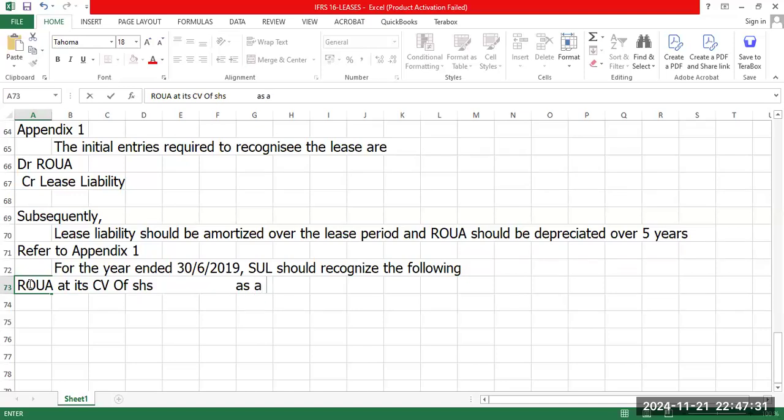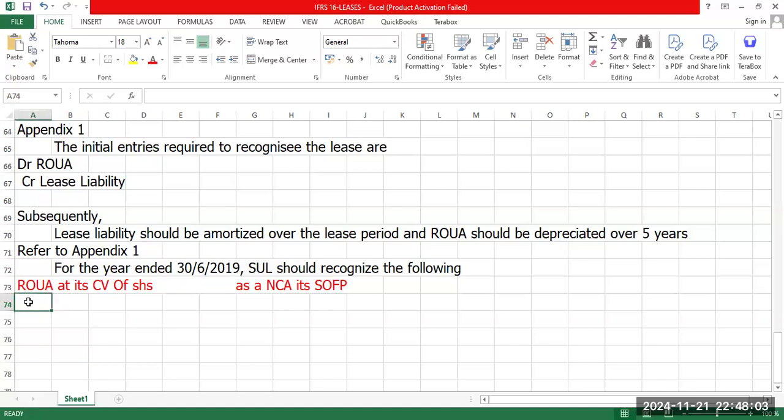As a non-current asset in its statement of financial position. That is number one. So right of use assets should be recognized at carrying value as a non-current asset in the balance sheet.